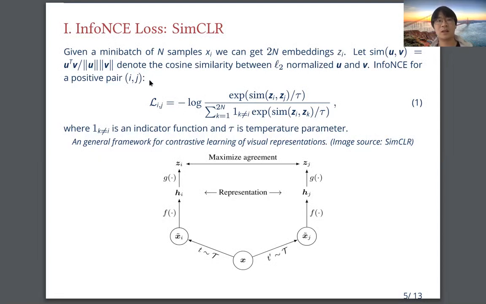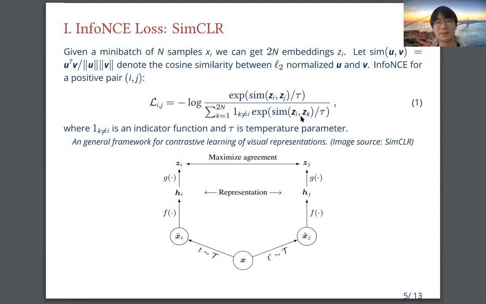And like the softmax cross entropy classification in supervised learning, we calculate the loss like this. And why are we using this loss? By using this loss, we can maximize the agreement, which means we can maximize the cosine similarity between the positive pairs, and at the same time, we can decrease the similarity for the negative pairs.